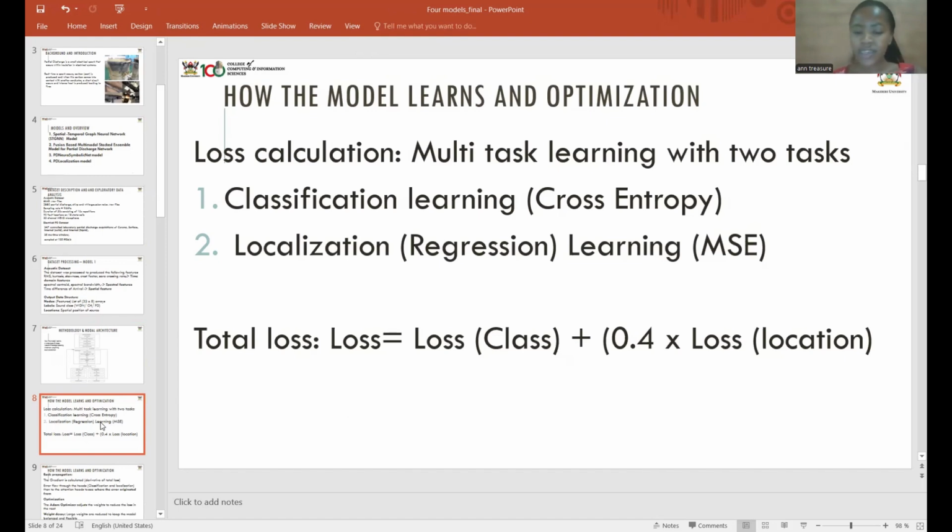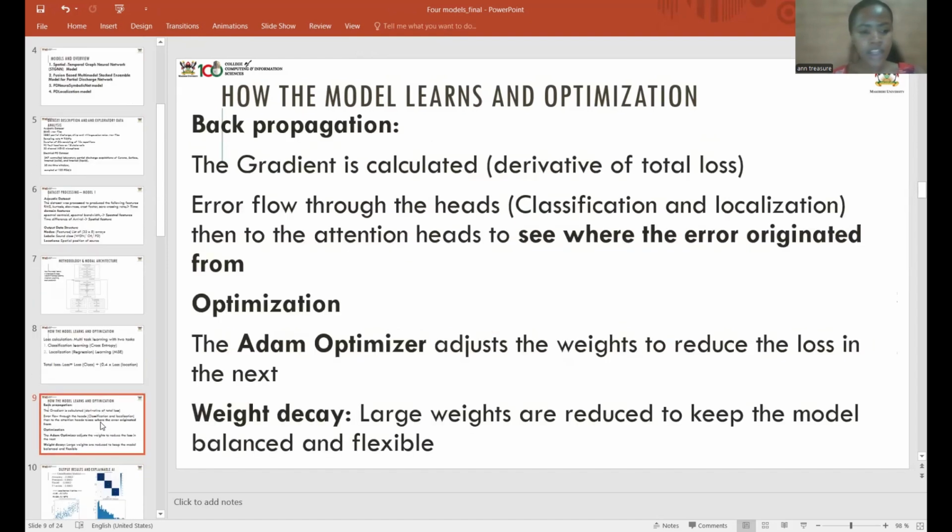So for the total loss, we give a higher loss weight to the class. This enables the model to learn the classes first, and then to learn the location. This was done because in previous iterations, we found that the model was learning locations faster than it was learning the classes. So that's why we had to make this adjustment.